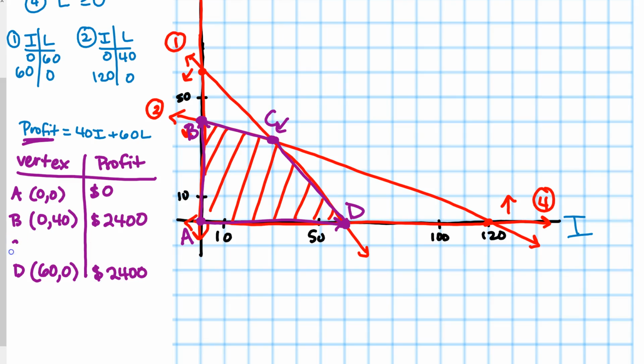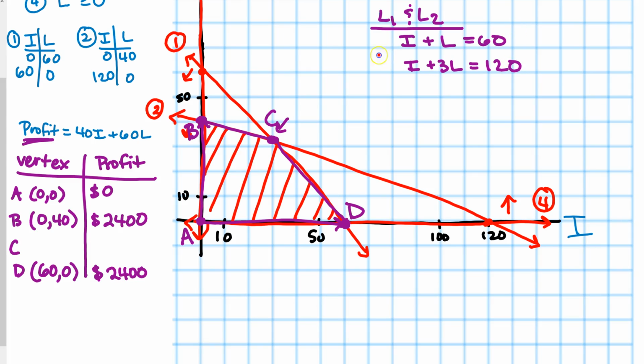Now let's find point C. So it's the intersection of lines 1 and 2. So what I'm going to do is take line 1 and line 2 and find the intersection point. The equations were I plus L equals 60 and I plus 3L equals 120.